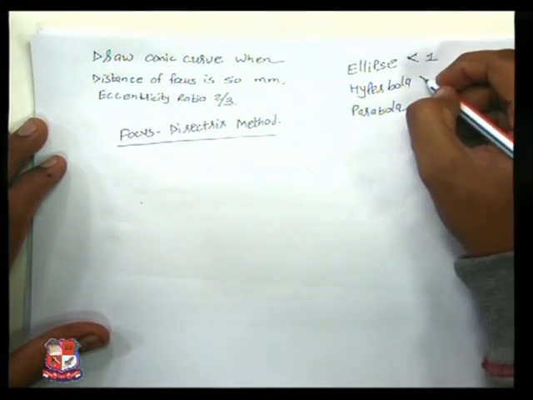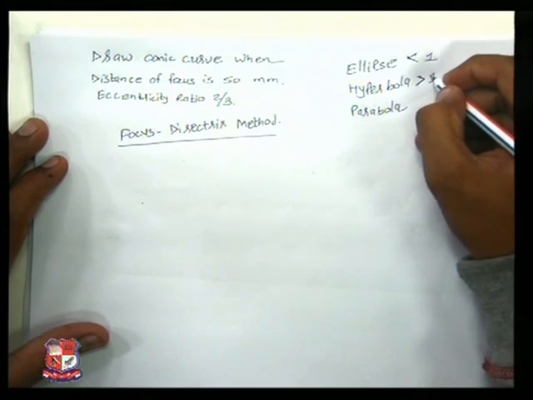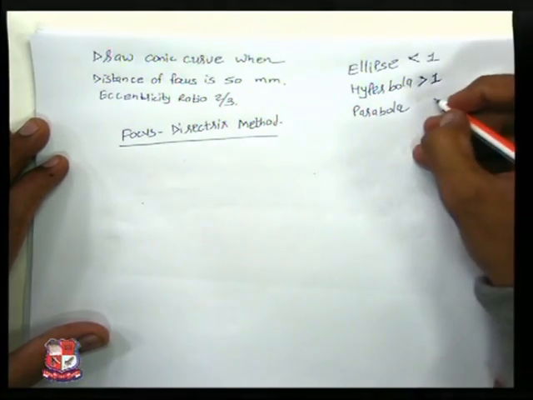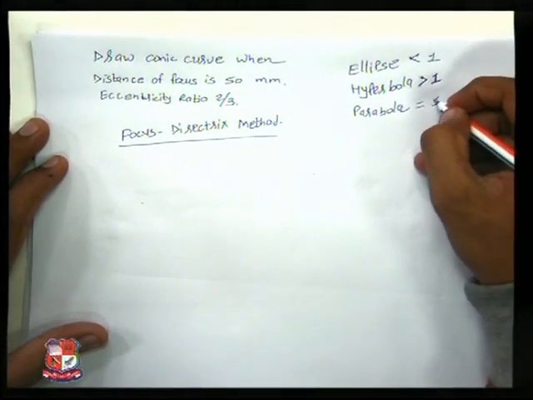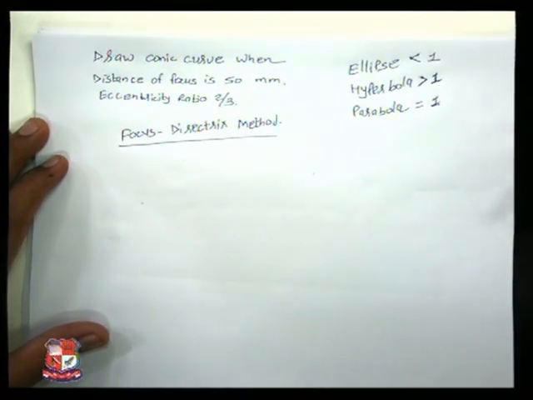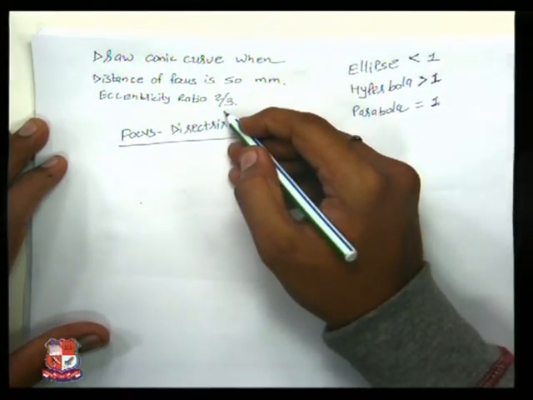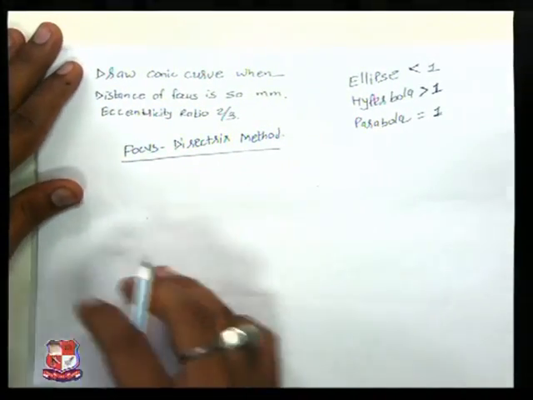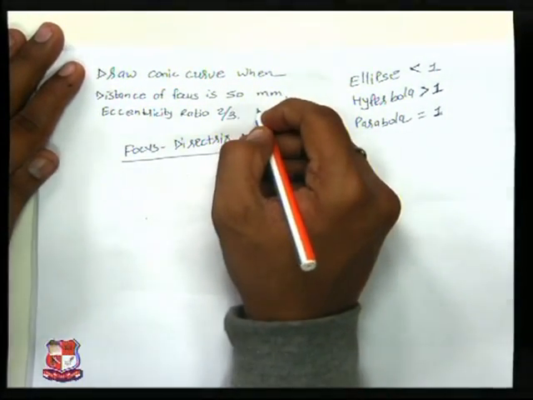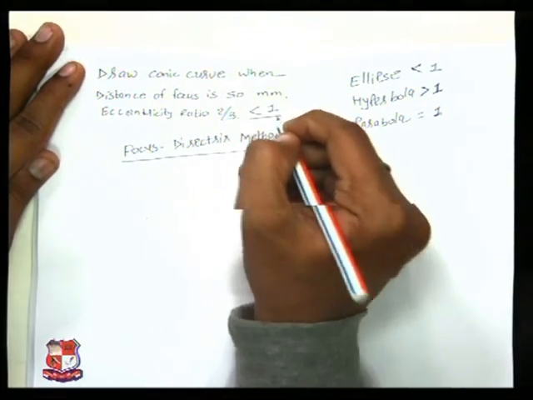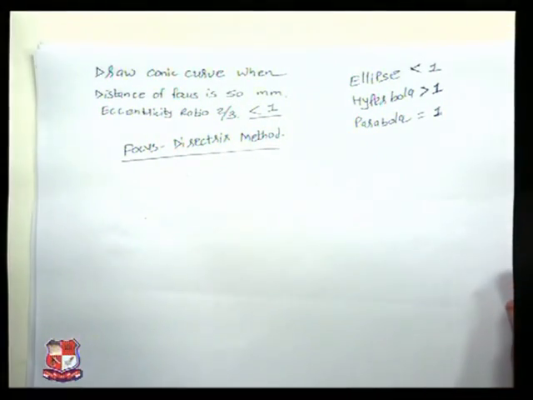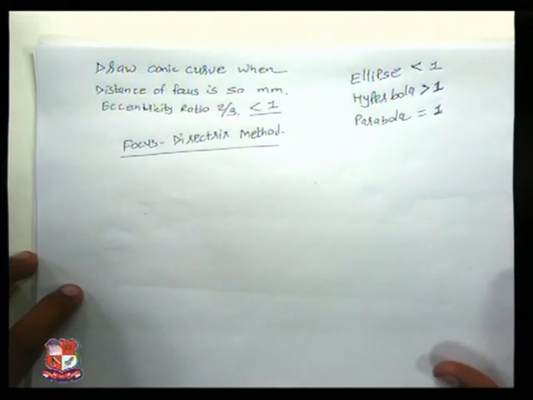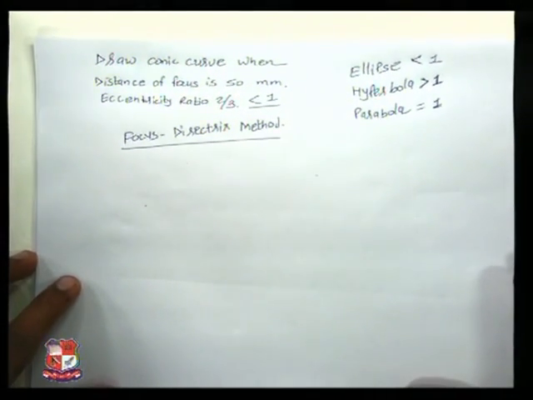For hyperbola, it would be greater than 1. And for the parabola, it would be 1. When you look at 2/3, it is less than 1, which means that we are going to trace an ellipse using the focus directrix method.